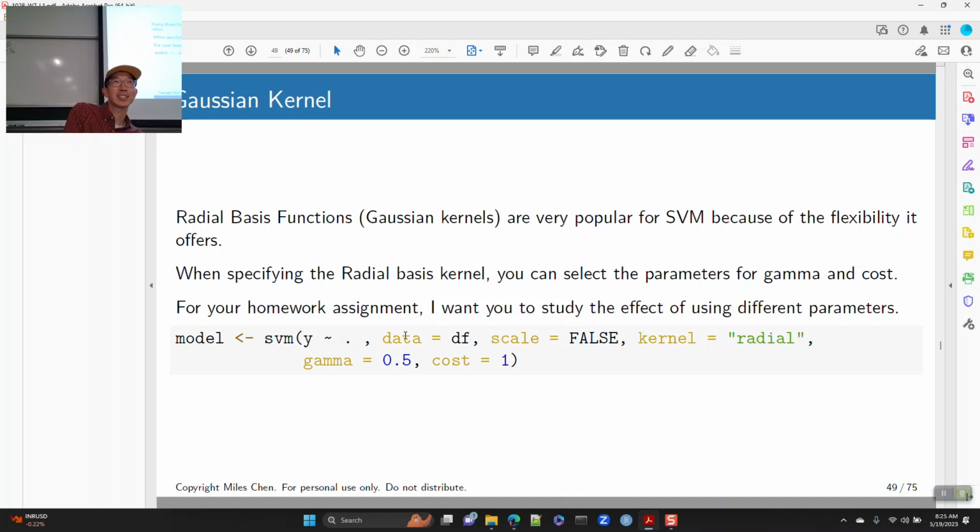We're just saying, let's draw some kind of boundary, and can we find a good one? There are two parameters we can really start changing: one is gamma, and the other one is cost. In the homework, I have a few plots that use different values of gamma and different values of cost.